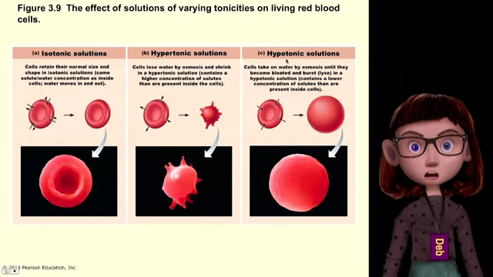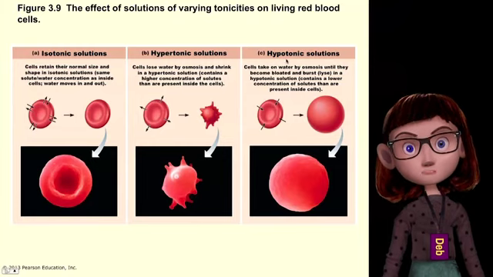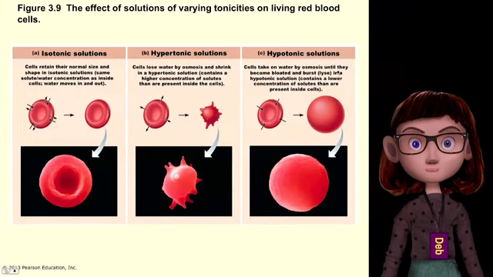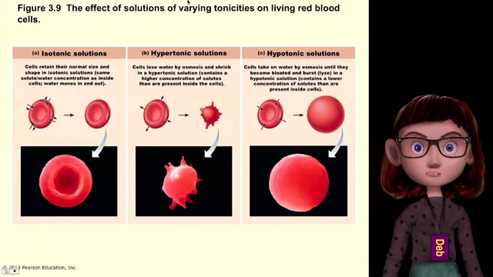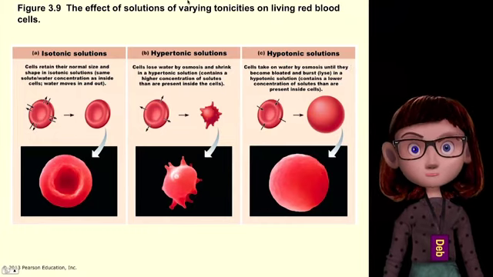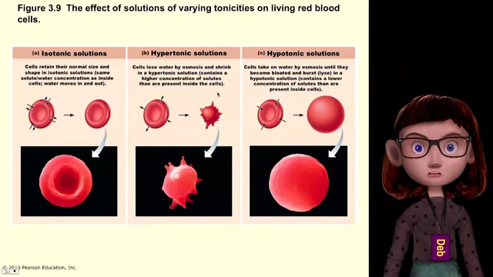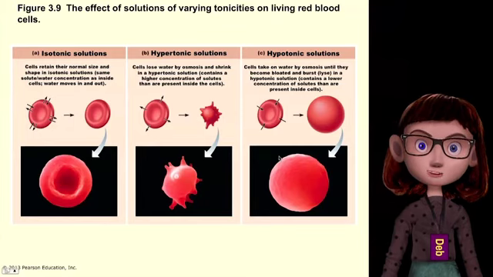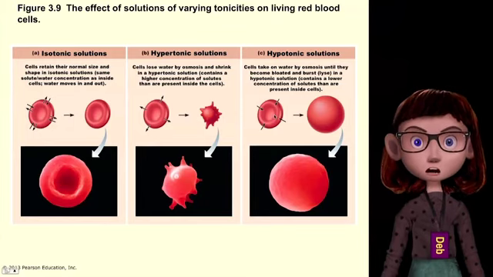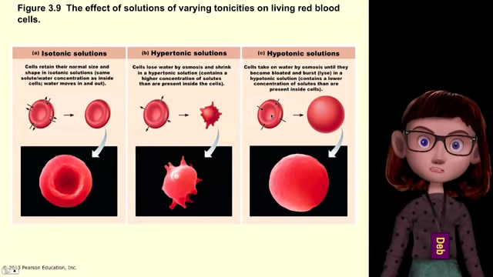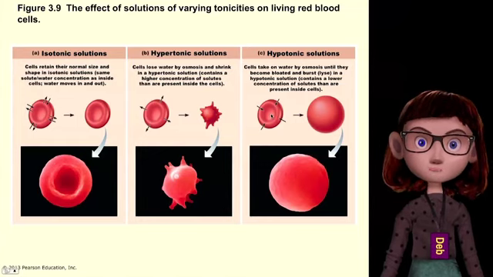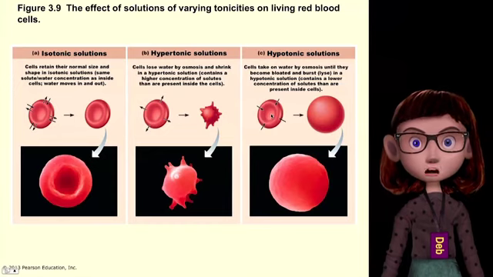If you infuse a hypotonic solution, let's just say sterile distilled water, which has virtually no solutes in it. Okay, so now you're surrounding this red blood cell with a hypotonic solution that has fewer solutes than the fluid that's inside of this cell, which remember is about 0.9% sodium chloride, just as normal blood would have surrounding that cell.